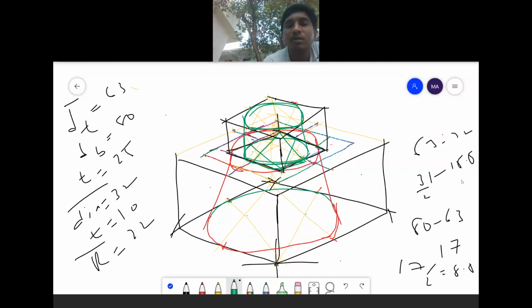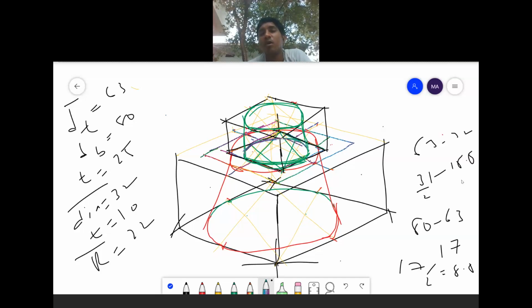In this cylindrical plate, this green plane should be dark. Use a blue pen. This part should be the hidden one. Understand? It is resting on the cylinder. The cylindrical plate is resting on the cone.